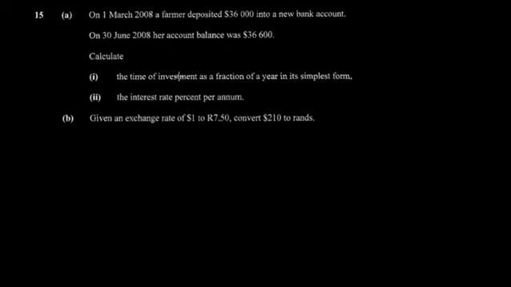You're asked to calculate the time of investment as a fraction of a year in its simplest form. Here you have the 1st of March up to the 30th of June. So the investment is for March, then April.